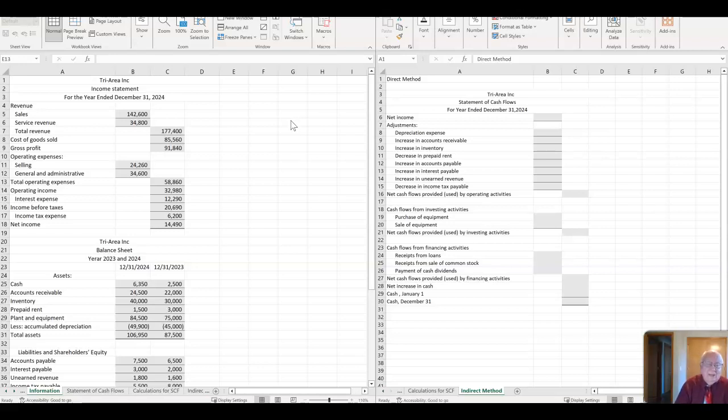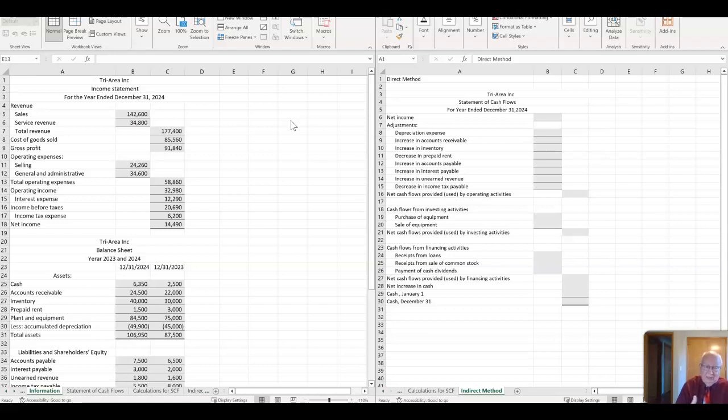But for the indirect method, what we look at is we start with the net income, and then we have adjustments. And we add back in anything on the income statement that does not require cash coming in or cash going out, such as depreciation expense, that's added back in.